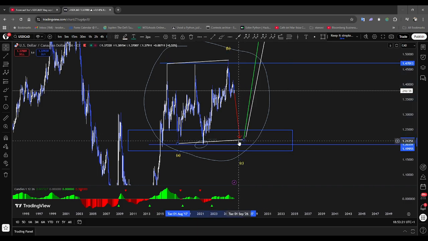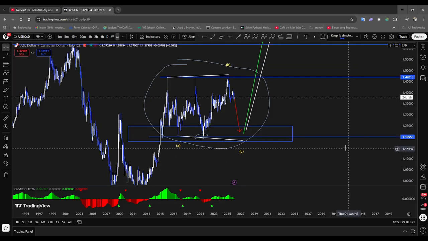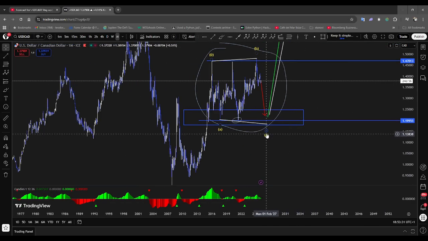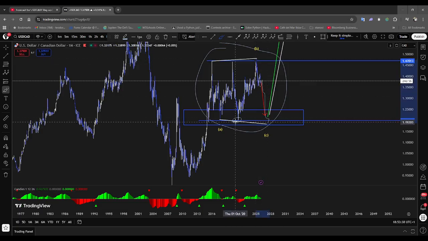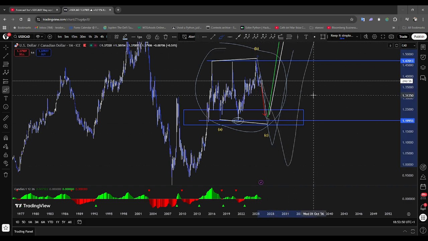An expanded flat is a little more difficult to trade than a running flat, because you don't know where the C wave will end. If we go low here and break this level, you don't know how deep the C wave can go. It can go here and then do this, it can go even here and do this.